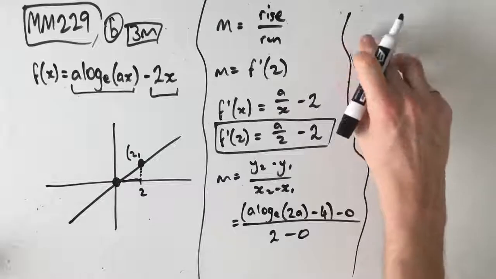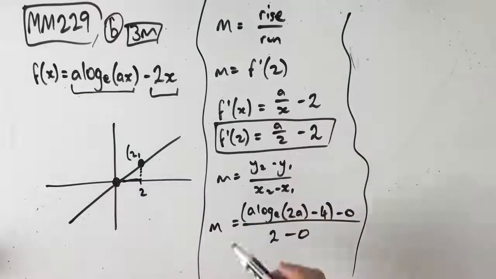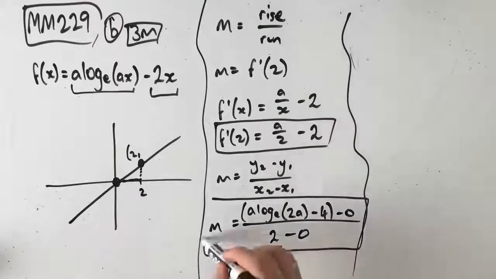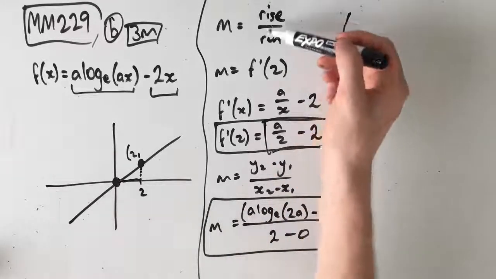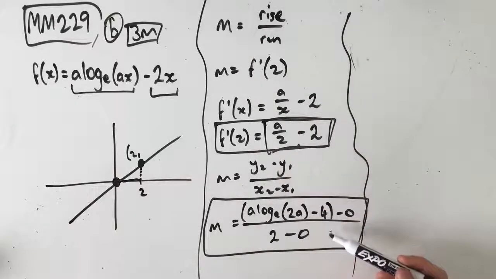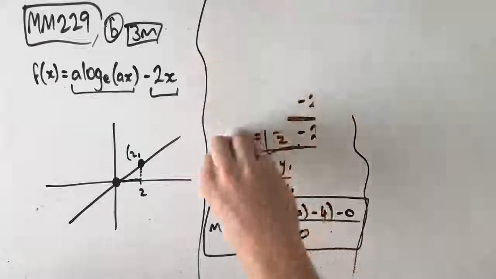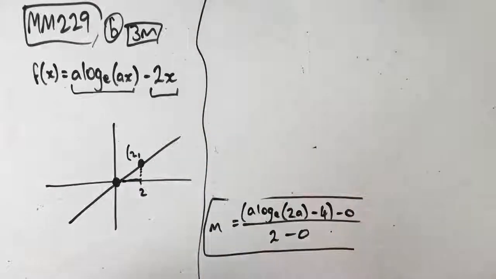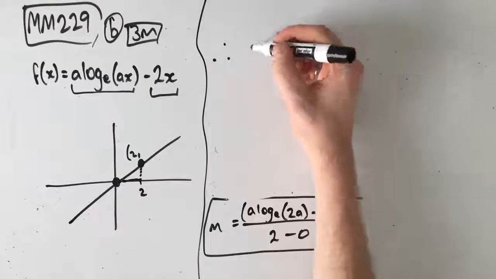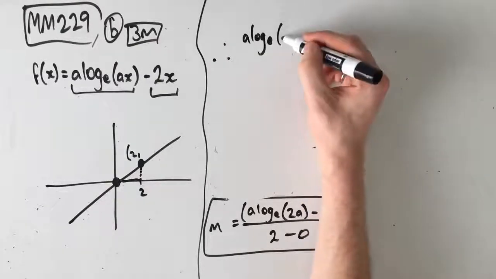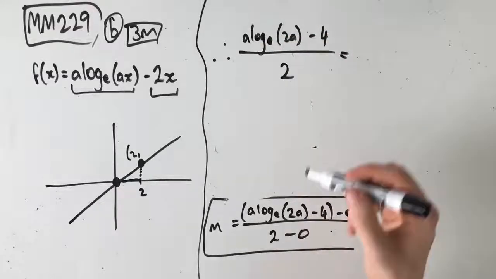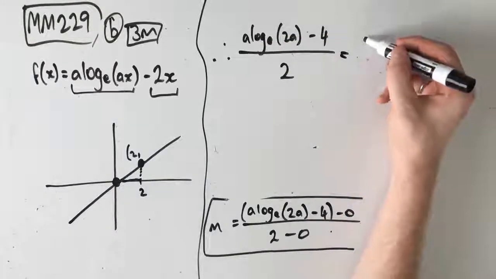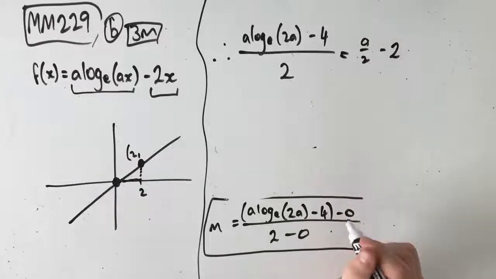Awesome. So from here, actually, you know what, let's combine these. We know that our gradient is equal to this, and it's also equal to this, right? Because f dash of 2 is equal to rise over run. This is f dash of 2, this is rise over run, so we can make these equal each other. I'm just gonna get rid of this. So therefore, a log e of 2a, take away 4 over 2, so that's just this section here, is equal to a over 2 minus 2.